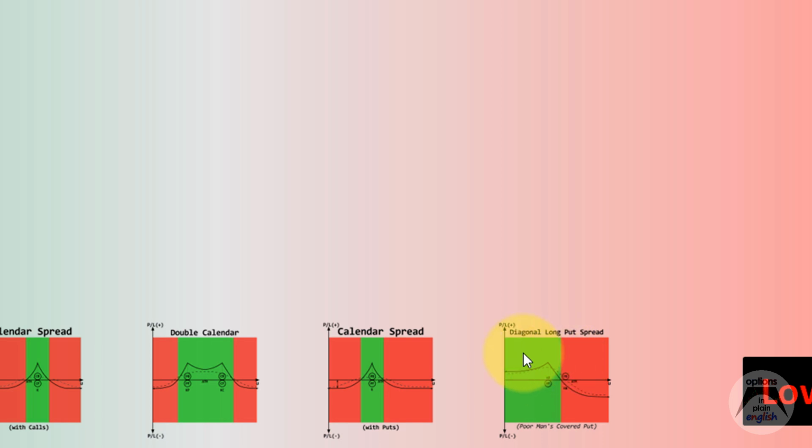Because of this, these strategies are positive theta, but at the same time they're also positive vega. And this strategy in particular, the diagonal long put spread, is also called a poor man's covered put because, as we were saying, it's like a covered put, but replacing the short stock portion with an in the money long put.